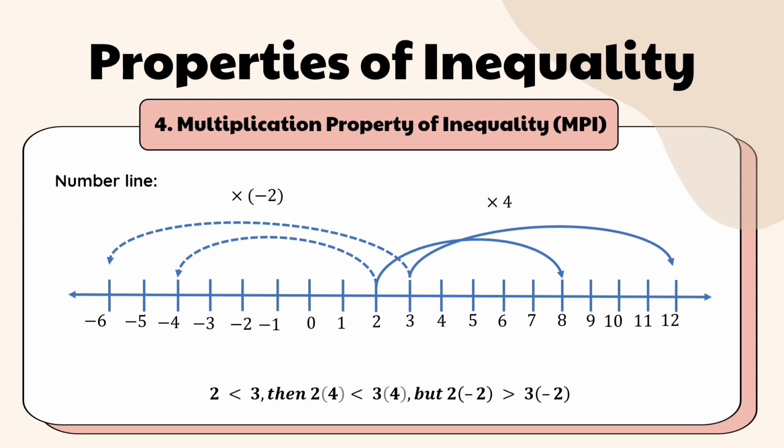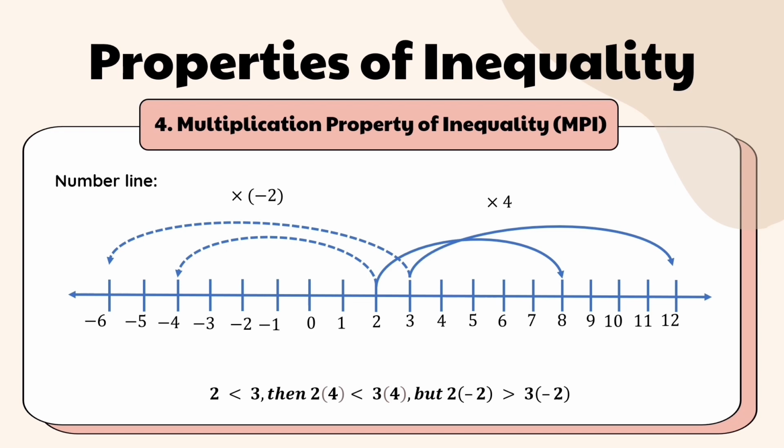So 2 is less than 3, then 2 times 4 is less than 3 times 4 because 8 is less than 12. But 2 times negative 2 is greater than 3 times negative 2.